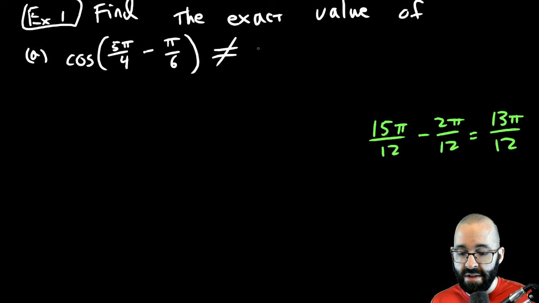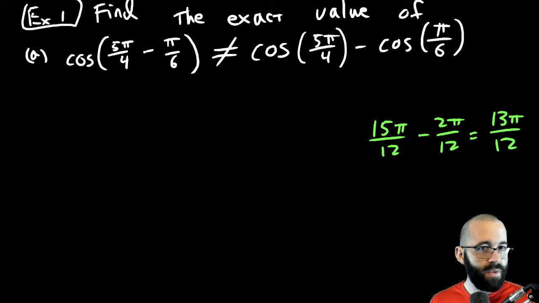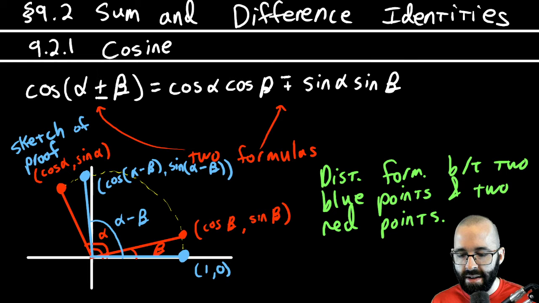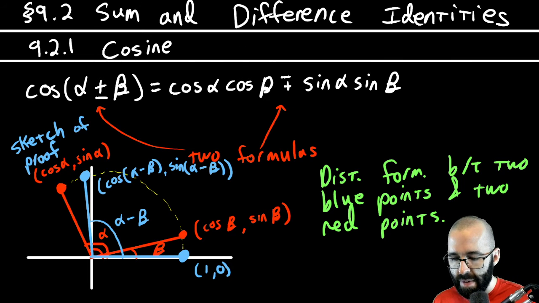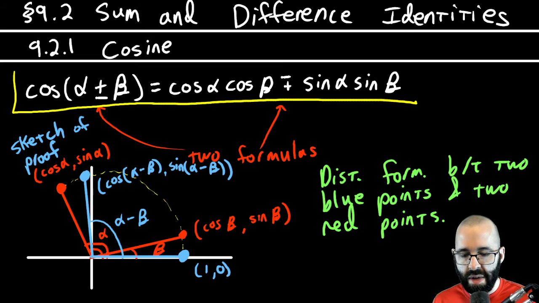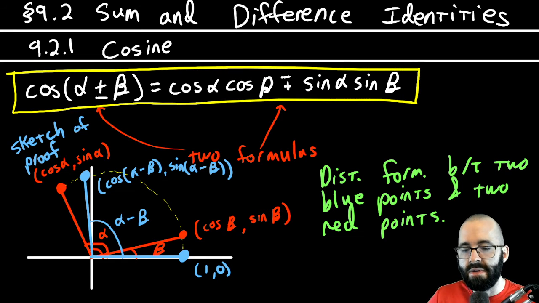Notice, by the way, that this is not equal to the cosine of 5 pi over 4 minus the cosine of pi over 6. This is not the way. Why is it not the way? Because I just told you over here, what if we box this in a golden box? I told you over here exactly how the cosine of some angle minus another angle works.